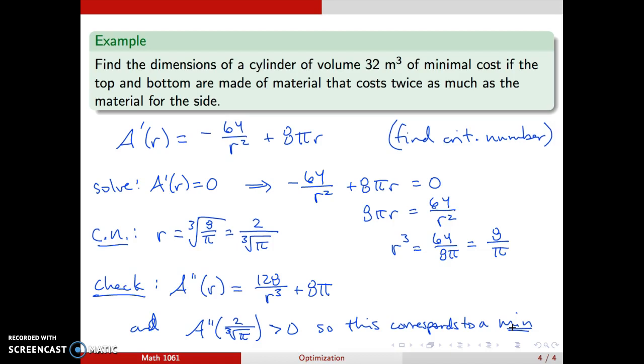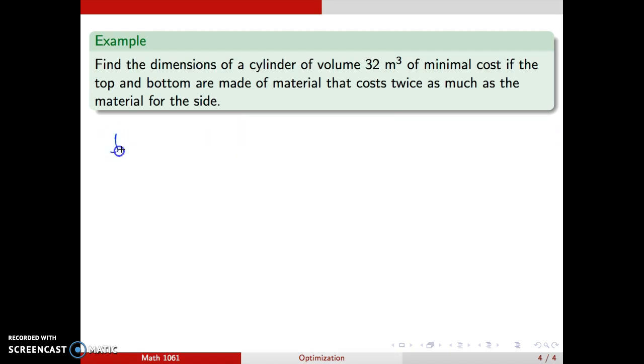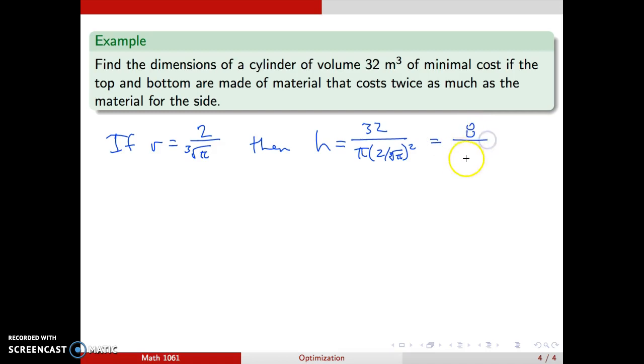Okay, so if r equals 2 over cube root of pi, then h is going to equal 32 over pi times 2 over cube root of pi squared, which when all is said and done is 8 over cube root of pi. Okay.